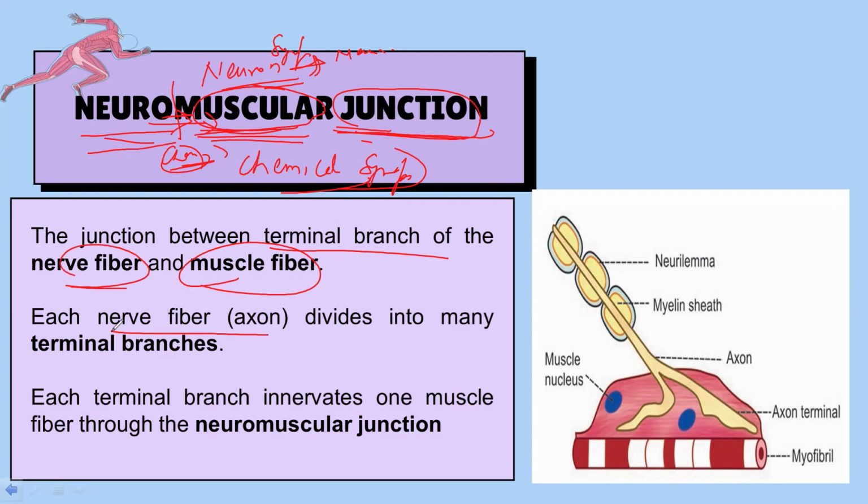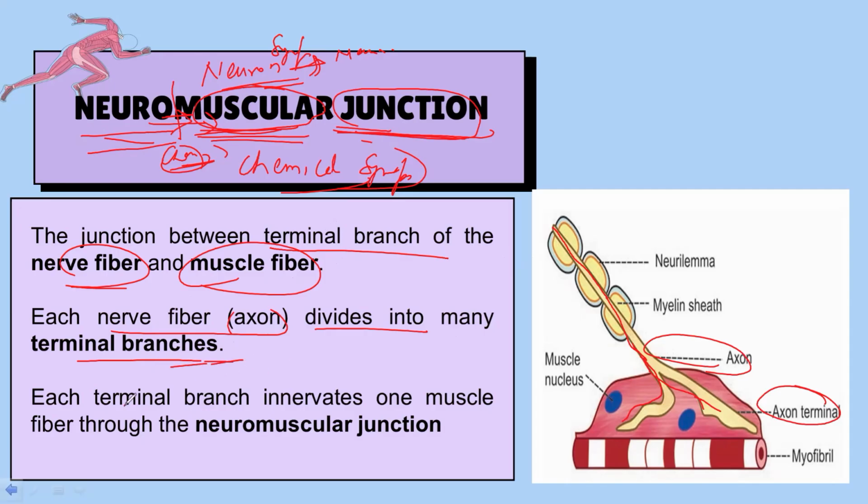Each nerve fiber axon divides into many terminal branches. In this image, this one is the axon of neuron or nerve cells, and it is dividing into axon terminals.